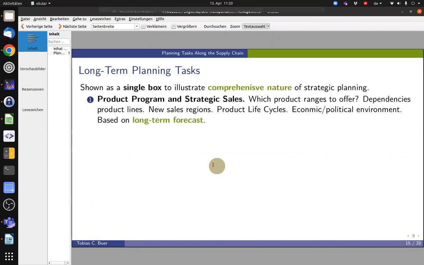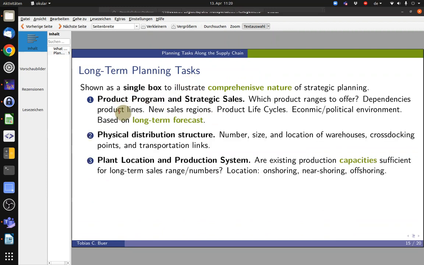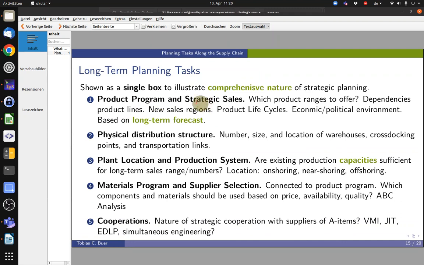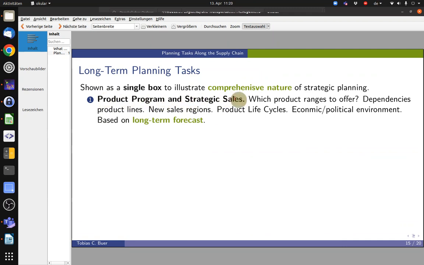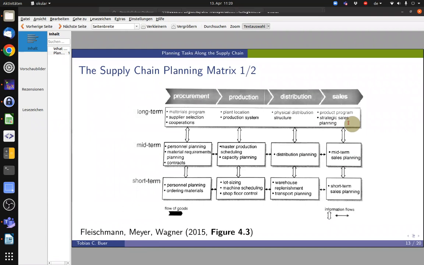Now let's have a look at some of the long-term planning tasks. Just to give you a heads up how this slide is structured, we have here 5 long-term planning tasks. The first one is product program and strategic sales. And this is here in the matrix under the sales category in the long-term planning task. So first of all, why do I have here a single box that is spanning over all the 4 processes?